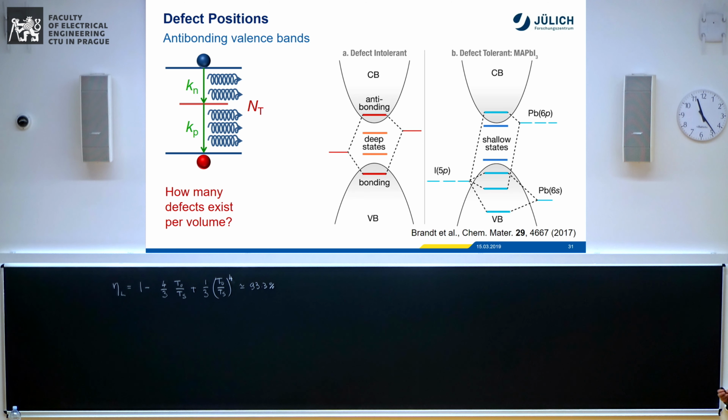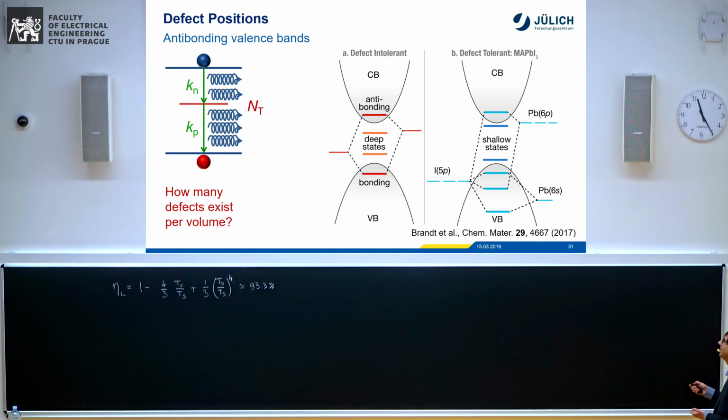is there a reason why there are fewer deep defects in these materials than there are in other inorganic semiconductors? And if you think about normal semiconductors, like silicon or gallium arsenide, then usually the valence band is built up of a bonding orbital, the conduction band of an anti-bonding orbital.